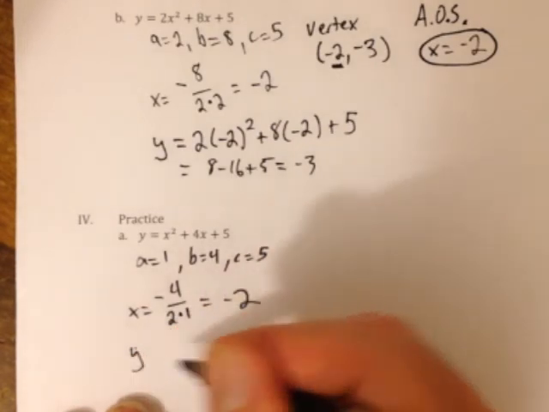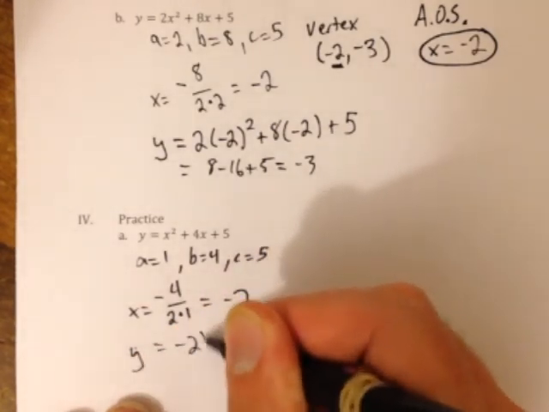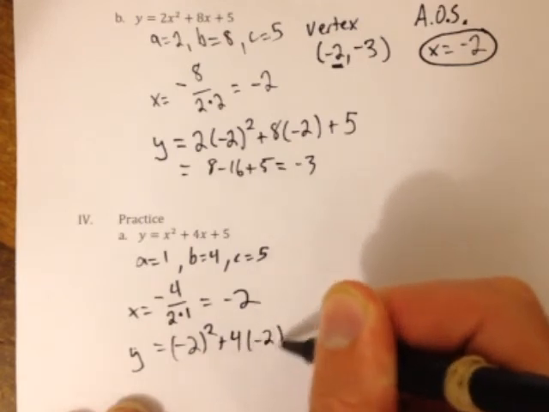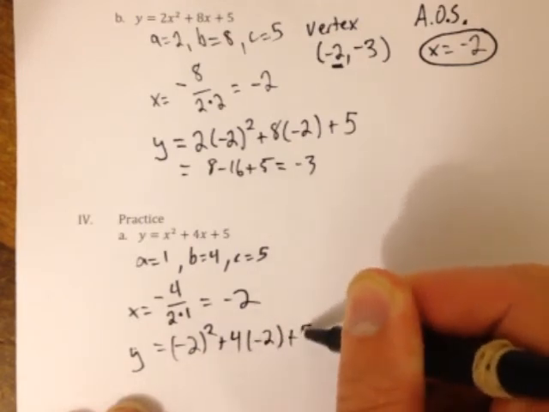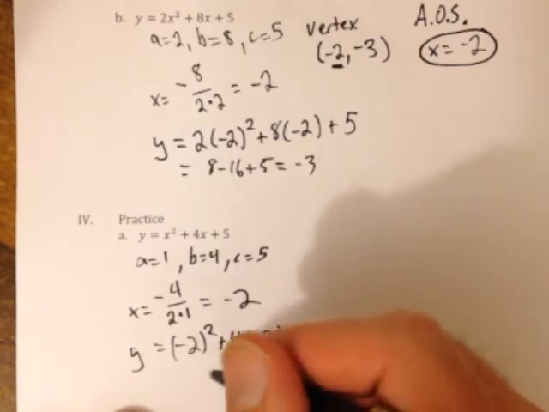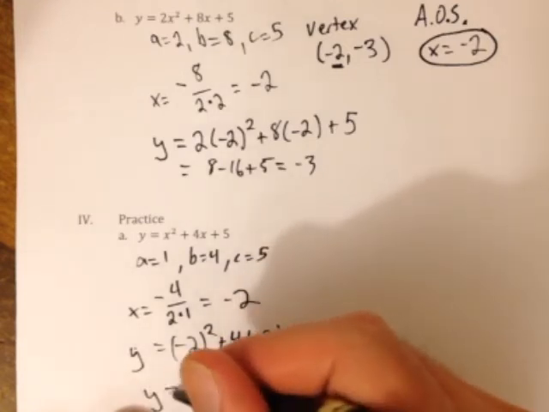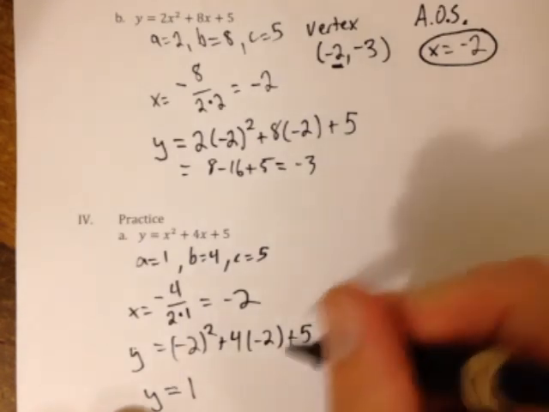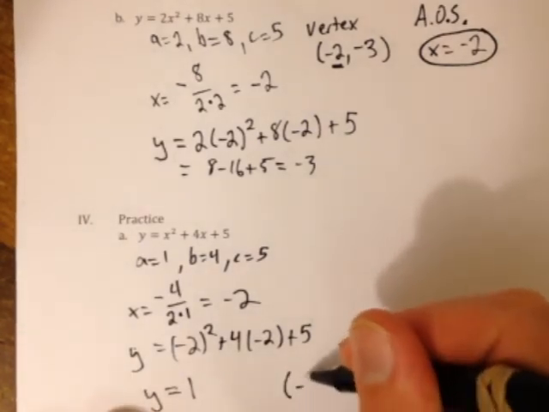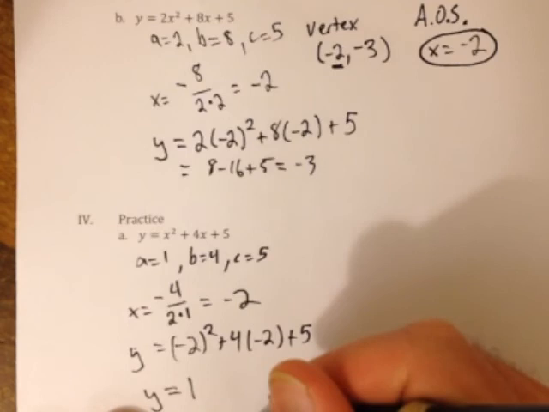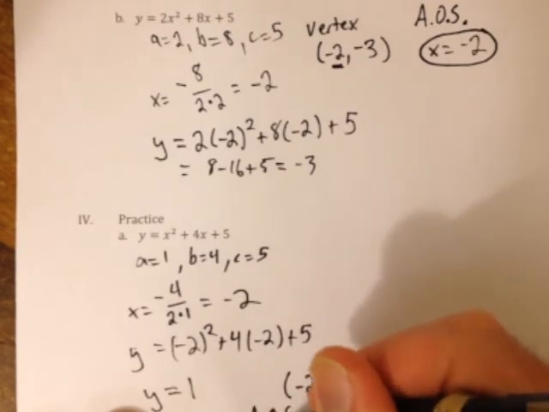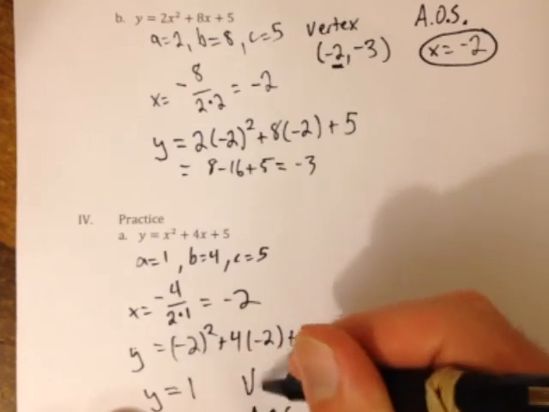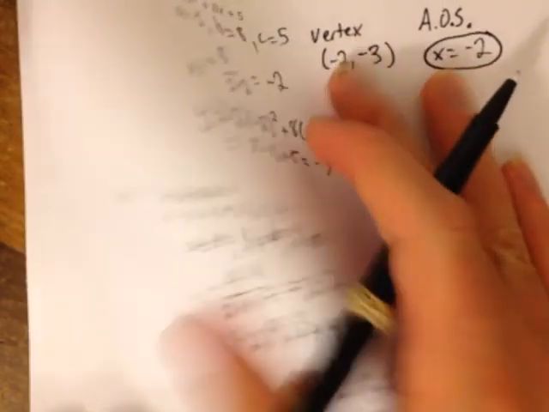To find the y value, plug in negative 2. And after I simplify, I get 1. So my vertex is negative 2, 1, and my axis of symmetry is x equals negative 2, the same as it was in the first one.